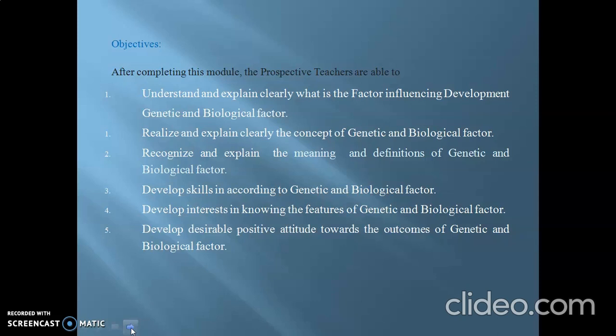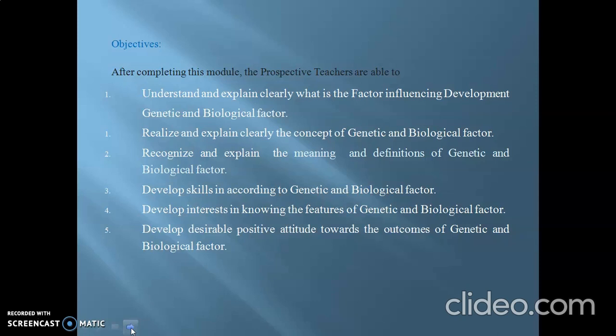Realize and explain clearly the concept of genetic and biological factors. Recognize and explain the meaning and definition of genetic and biological factors. Develop skills in applying genetic and biological factors.